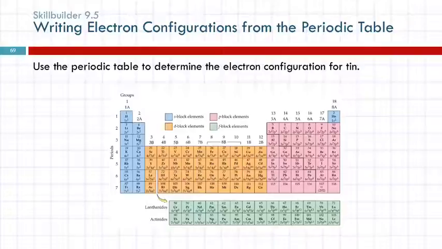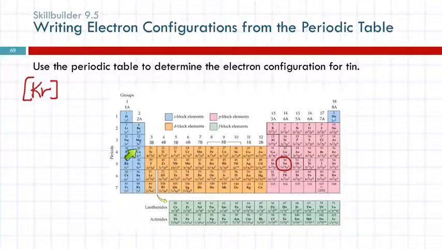Let's do tin. What's the element symbol for tin? Sn, right? So we've got to find it on the periodic table. It's hiding down here. There it is. So, what's the previous noble gas? Krypton. So I'm going to put krypton in brackets, the symbol for krypton.